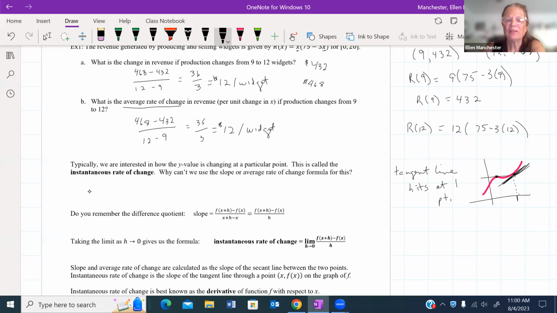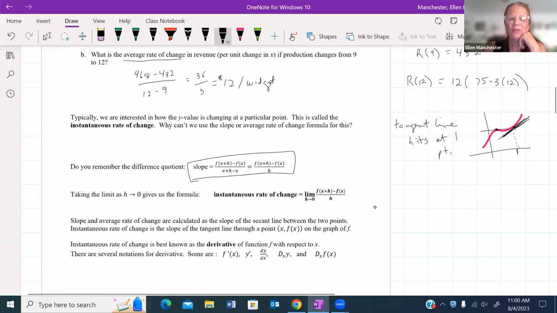Okay, so the difference quotient right here is just slope. That's all it is. Here's the difference though. Now we're looking at the instantaneous rate of change. So this is the definition of a derivative.